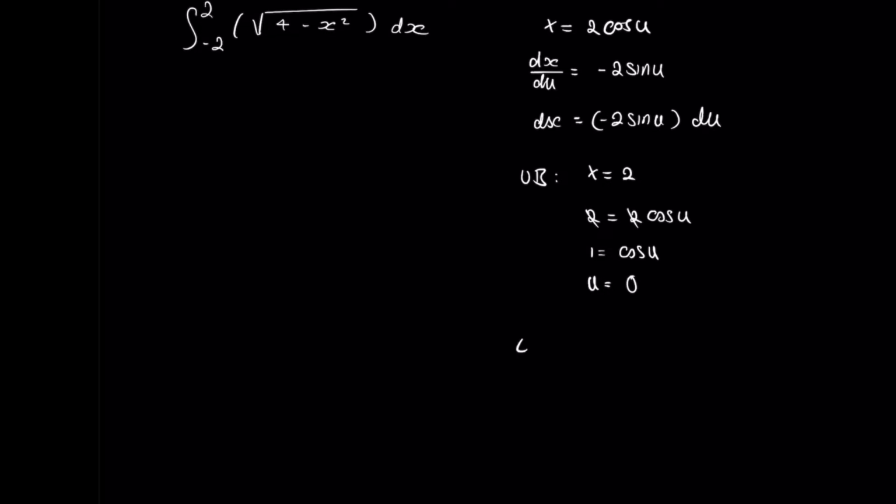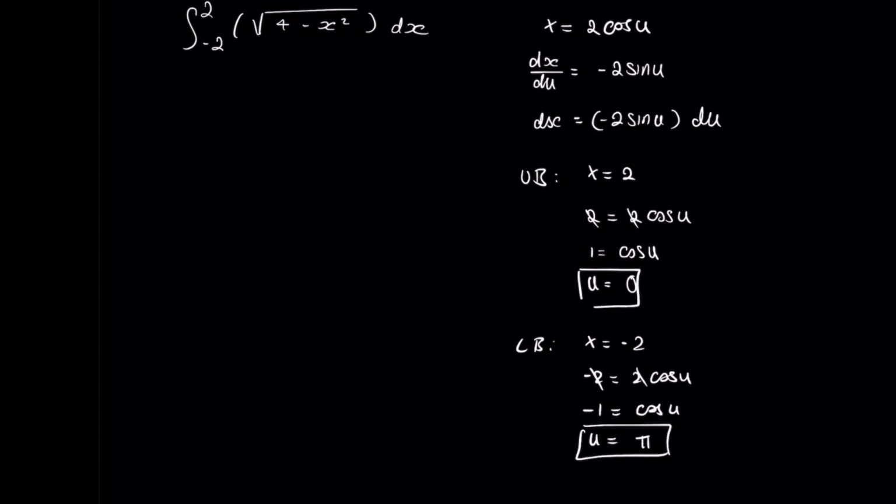And the lower bound, we have x equals minus 2, so minus 2 equals 2 cos u. We cancel these two, we have minus 1 equals cos u, so u equals pi. So these are our two new bounds.